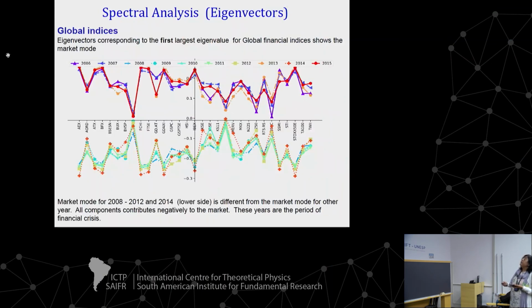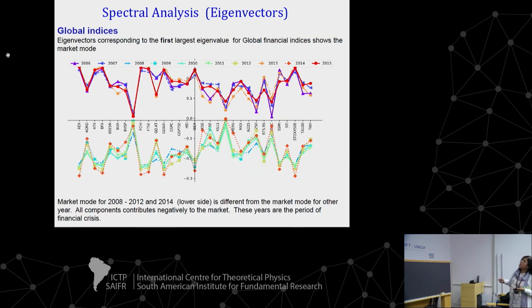Now we look at the eigenvectors closely, for the first largest eigenvalue. And this shows that this corresponds to the market mode. And one notices that certain modes are different from the market modes for the other side.